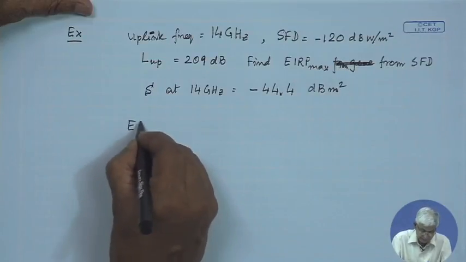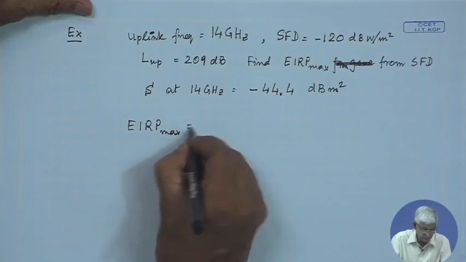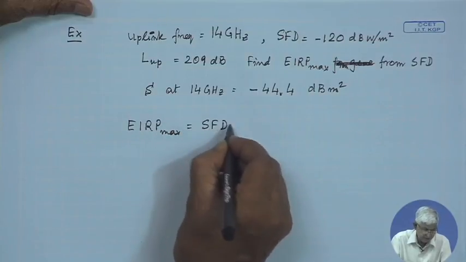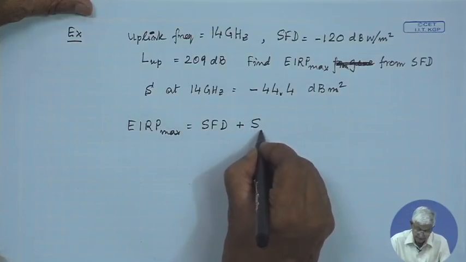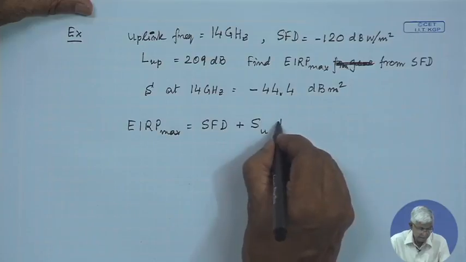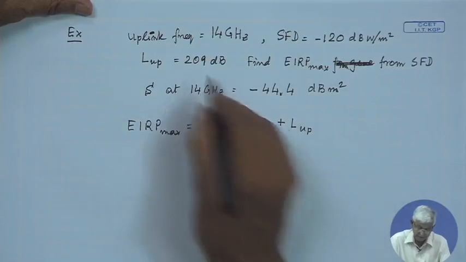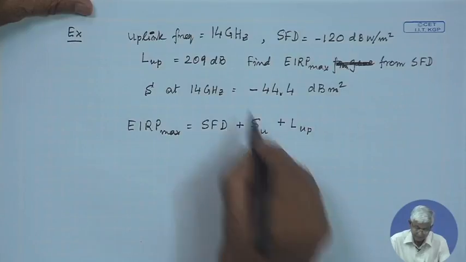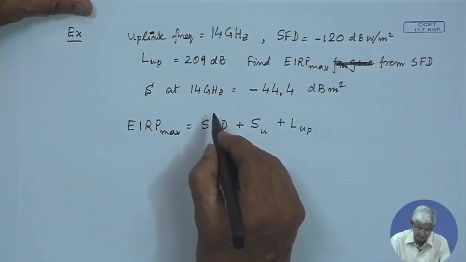So, EIRP maximum will be the SFD plus S in the up plus L up. L up is already given, S you have calculated up, and SFD is already given.